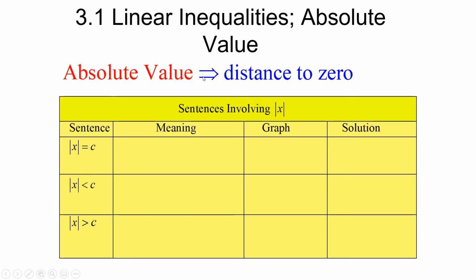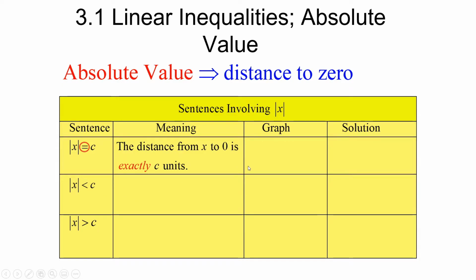Okay, so now think about this a second. Distance, all right? What's the meaning of the absolute value of x equals c? I mean, that's the way we typically say this. But what this means is the distance from x to 0 equals c units. So the distance from x to 0 is exactly c units.